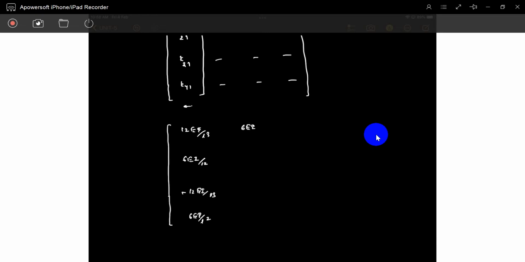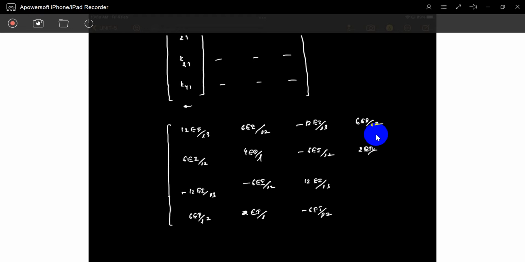That is second, 6EA by L square, 4EA by L, minus 6EA by L square, 2EA by L. Next is 12EA by L cube, 6EA by L square, 12EA by L cube, minus 6EA by L square, 6EA by L square, 2EA by L, 6EA by L square, 4EA by L.